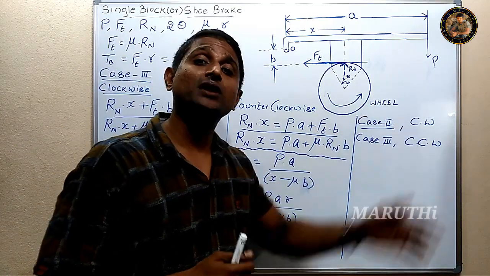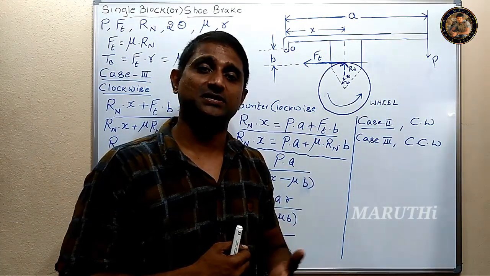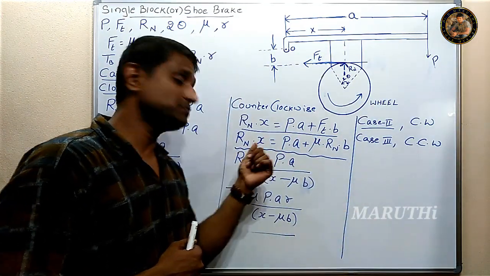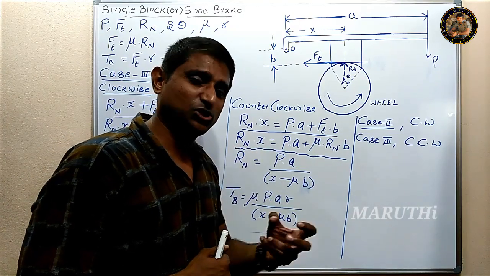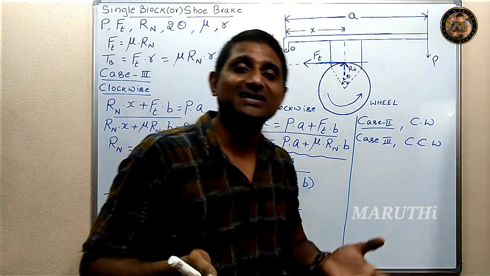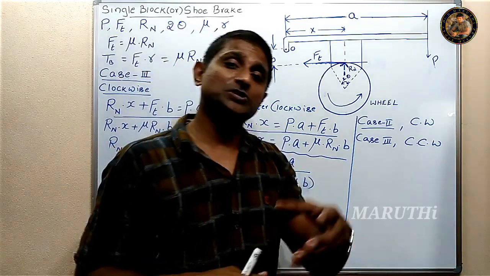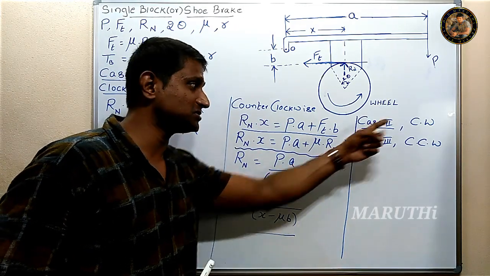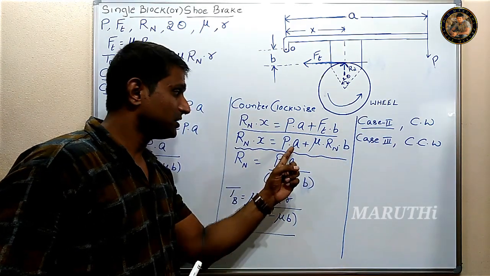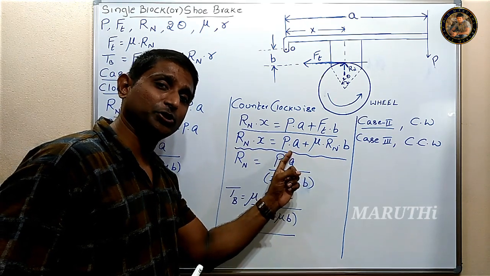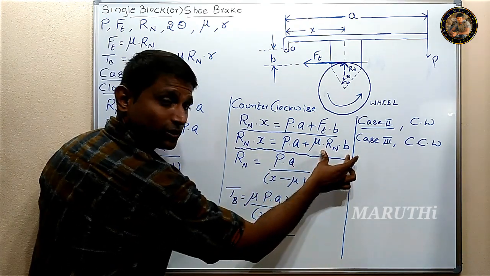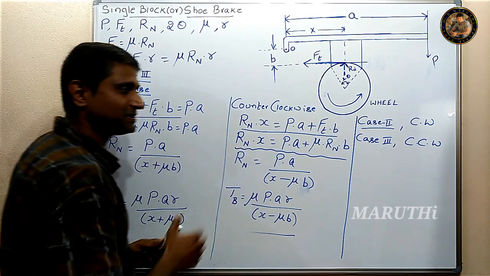These two are self-energizing brakes. If P is 0 or negative, then those are called self-locking brakes. How is it possible? If you look at this, the equation for these two cases is the same. This P will become 0 or negative when you take this one towards this side. What happens?